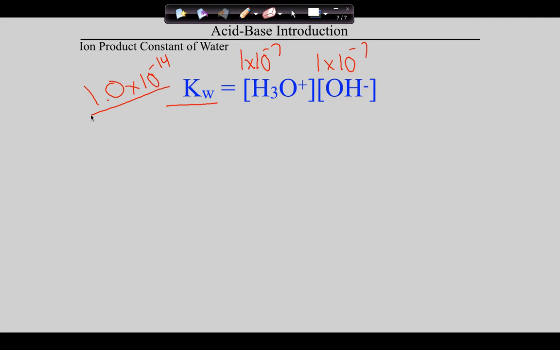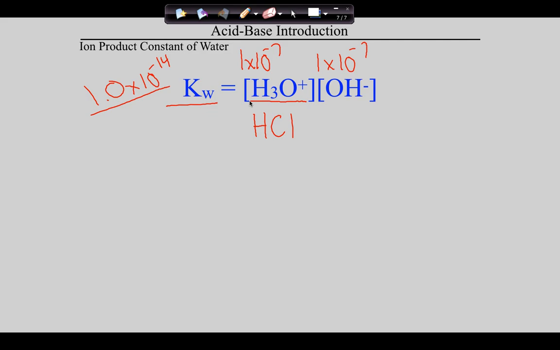So let's come along and let's put some HCl kids in the playground. Well guys, what does HCl do? Gives away hydrogens. As the HCl on the playground gives away hydrogens, where do those hydrogens go? They go to make hydronium ion.